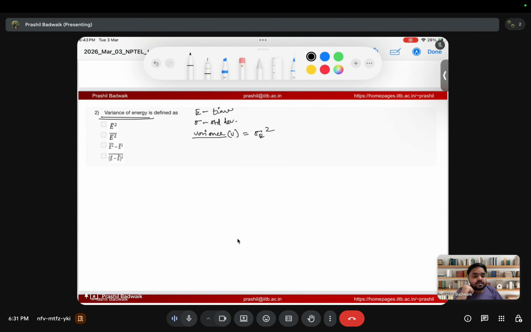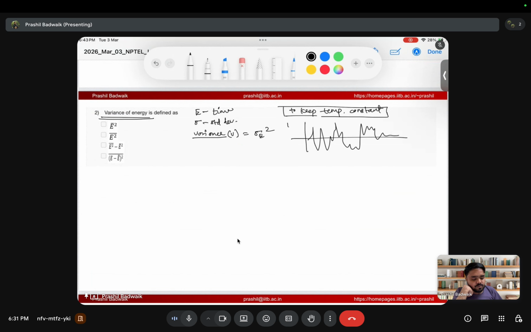So we know that if I have a system at room temperature, it keeps on exchanging energy with the surroundings to keep the temperature constant. So this is how energy is fluctuating.